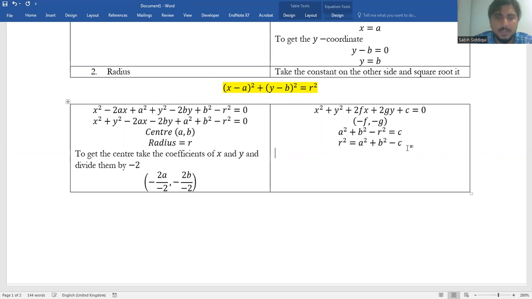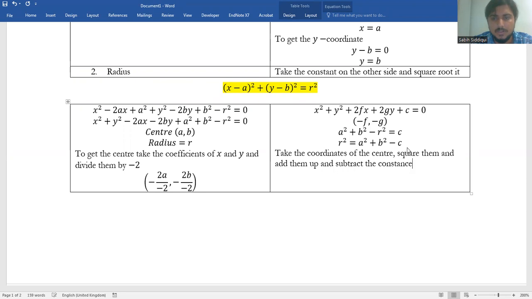So in order to define this operation, I will say: take the coordinates of the center, square them and add them up, and subtract the constant.